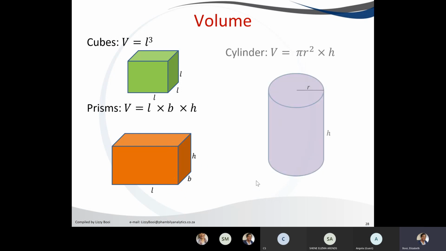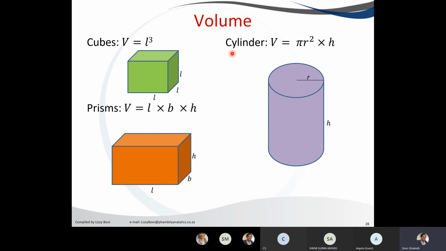To calculate for the cylinder, when you look at the cylinder, you will notice that a cylinder has a circle and it also has this height. So we're going to use the area of a circle times the height, which is pi r squared times height, which sometimes we can write without using the multiplication sign as pi r squared h.